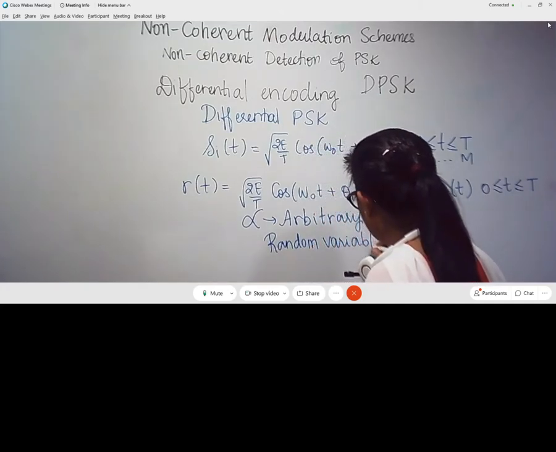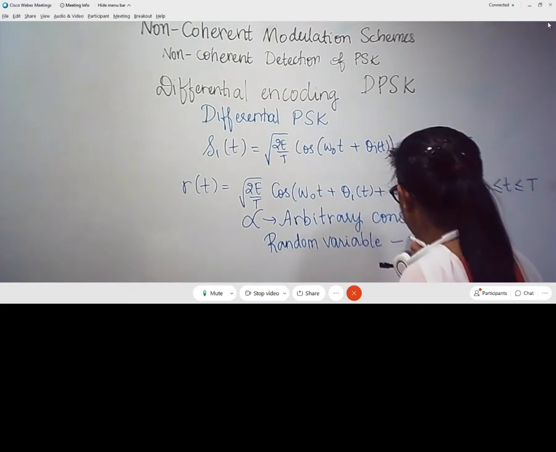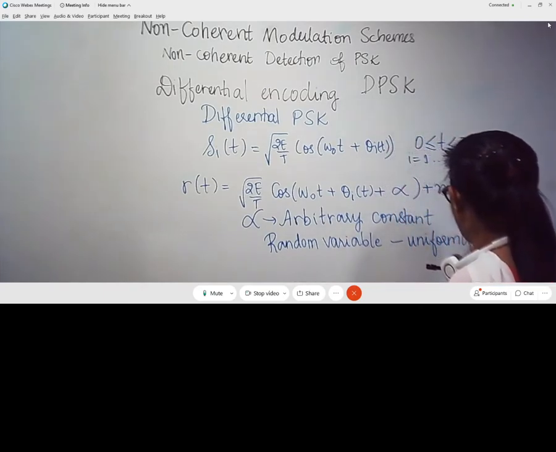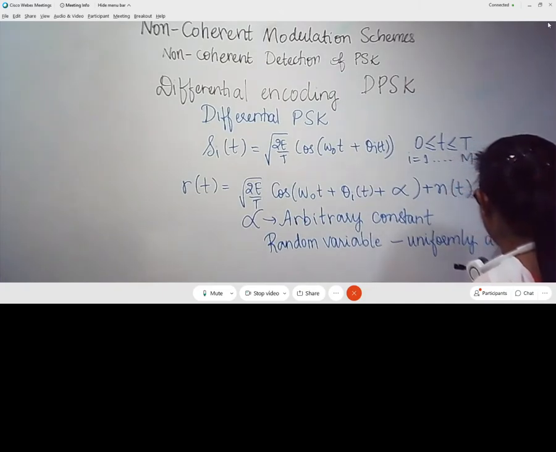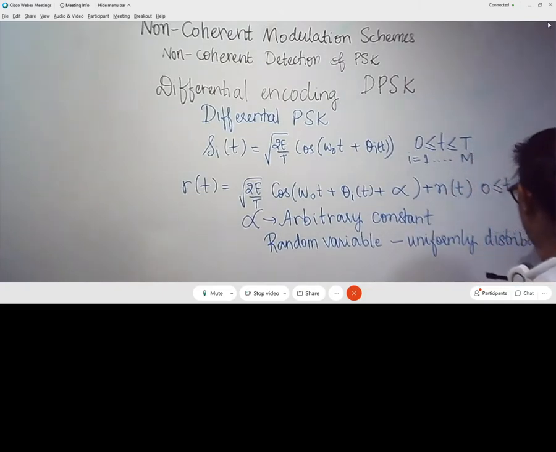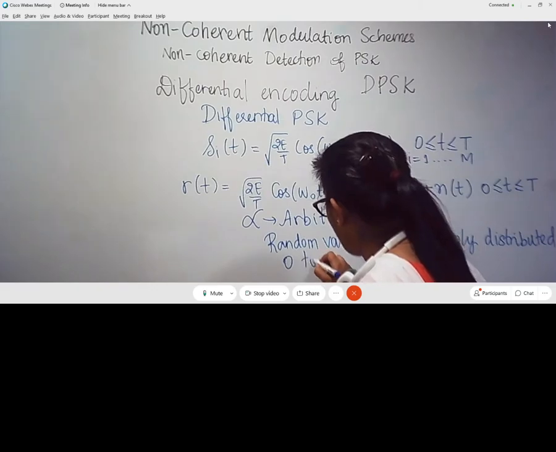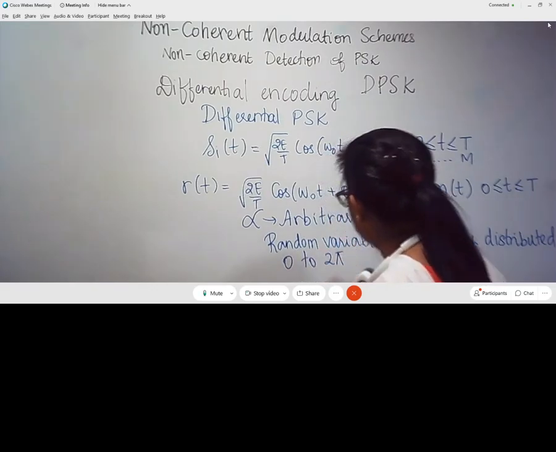Therefore it is a random variable, uniformly distributed anywhere within the values 0 to 2 pi. Its value can vary anywhere between 0 and 2 pi.